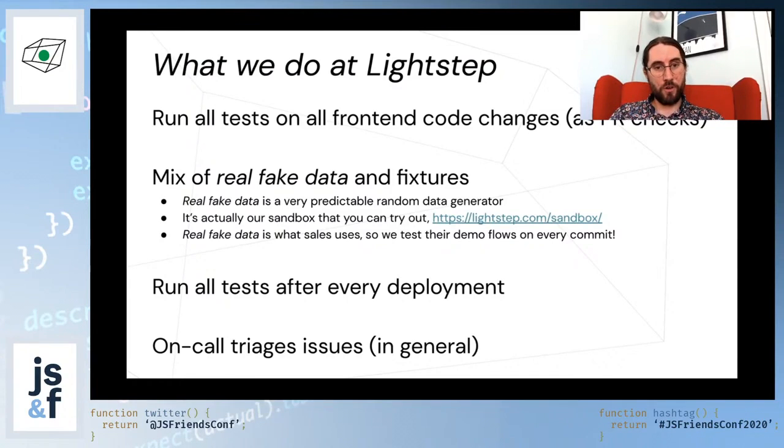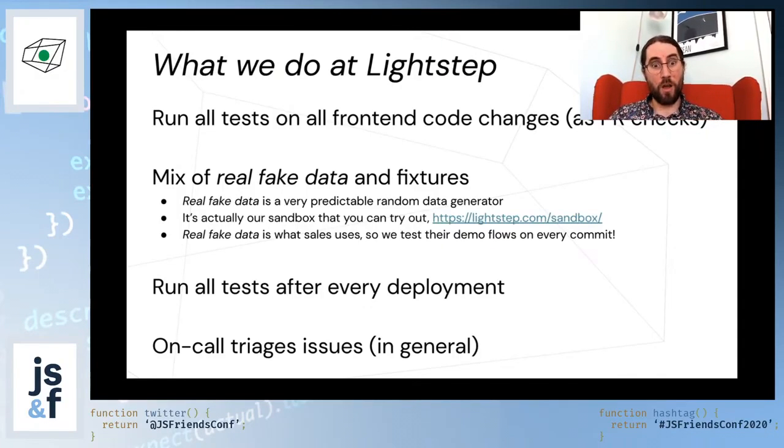We use a mixture of real fake data and fixtures. By real fake data, I mean that we have a very predictable random data generator. It produces data that looks a lot like what our customer data would look like. It's predictable in that it produces the same kind of shape of data, but there's some variability in it.